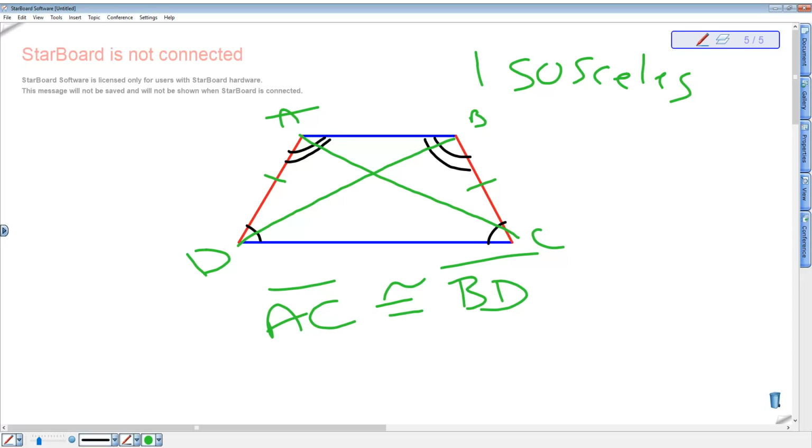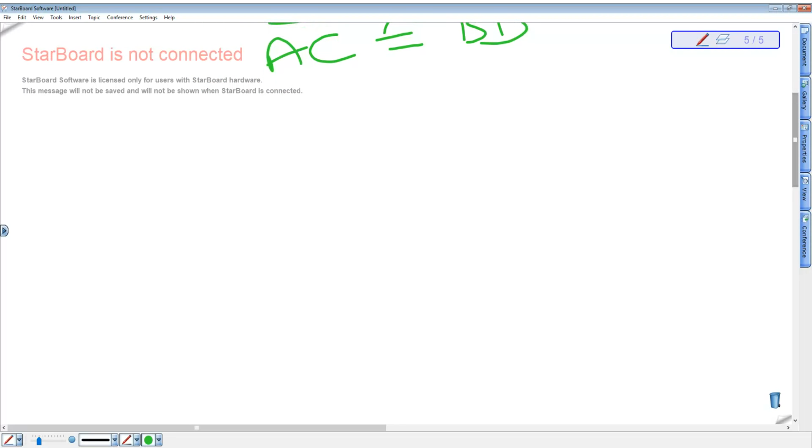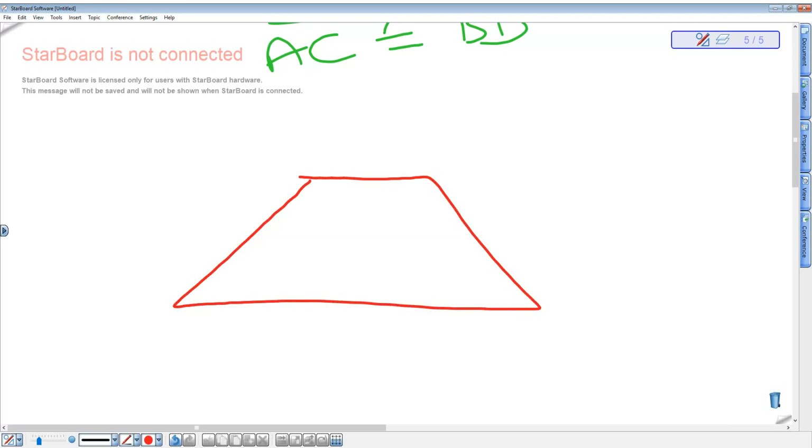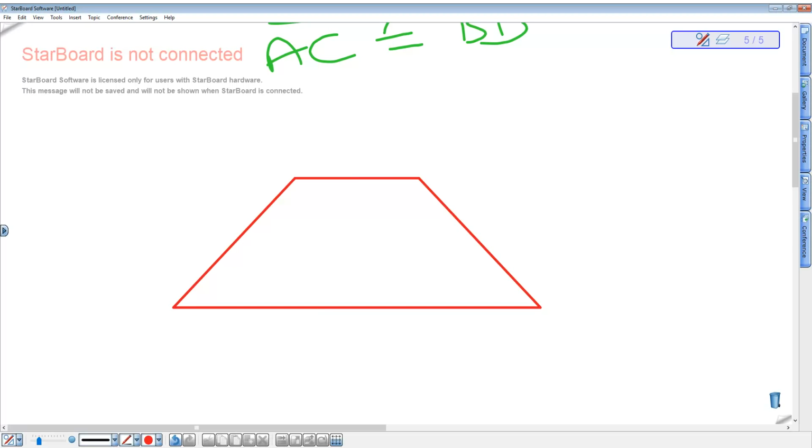One other major concept, and let me draw out another trapezoid here. Actually, this doesn't necessarily have to be isosceles. This is any trapezoid. If I took the halfway point between A and D right here and the halfway point between B and C, you guys remember this from when we did the triangles.